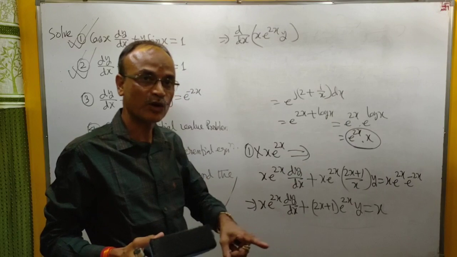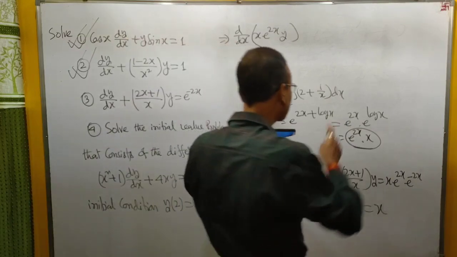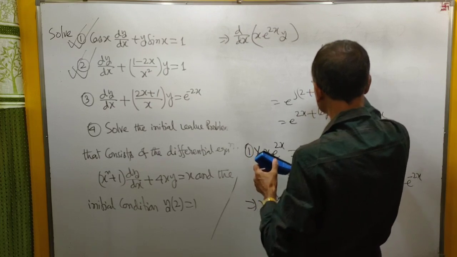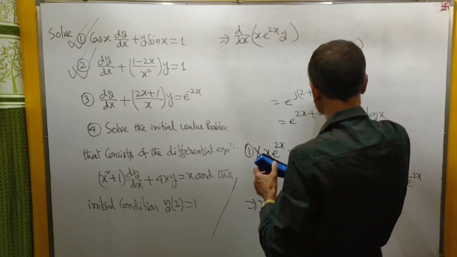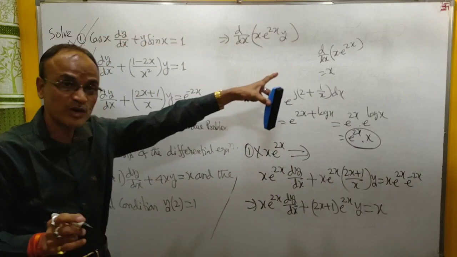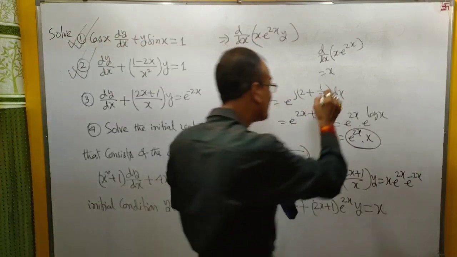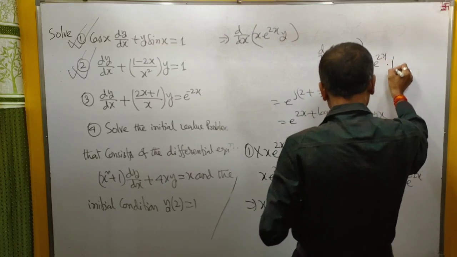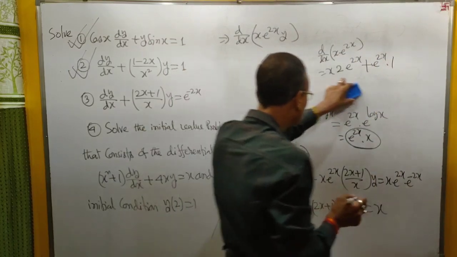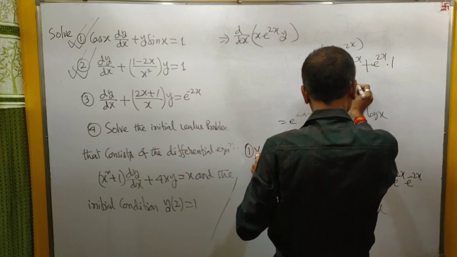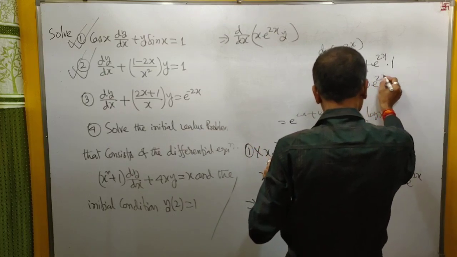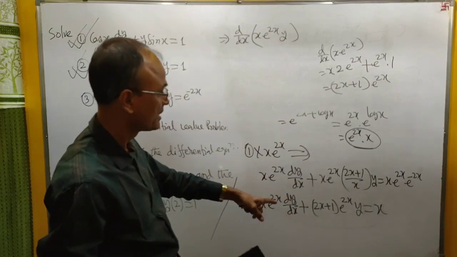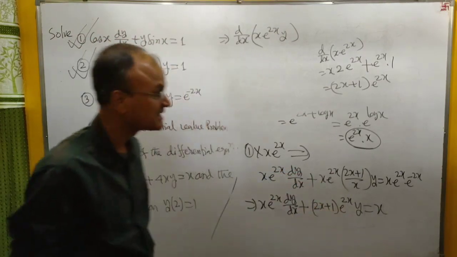It is again a product function, d by dx of x e to the power 2x. What will be the differentiation of x e to the power 2x? 2x times e to the power 2x plus e to the power 2x into 1, which is equal to (2x plus 1) e to the power 2x.